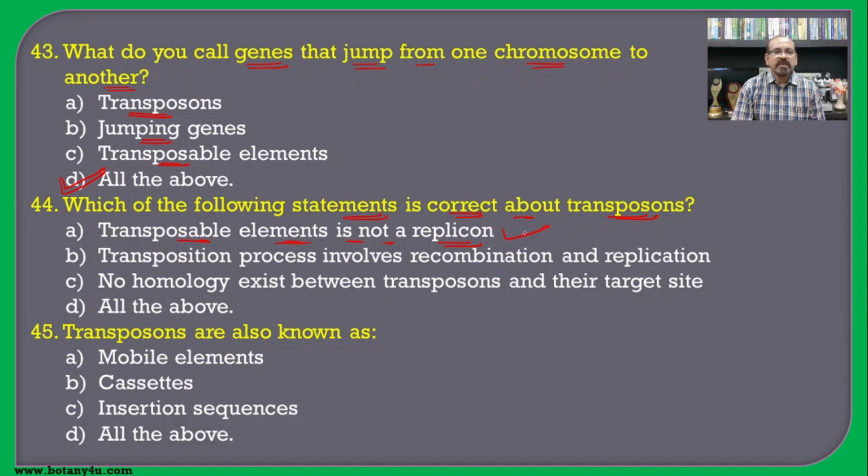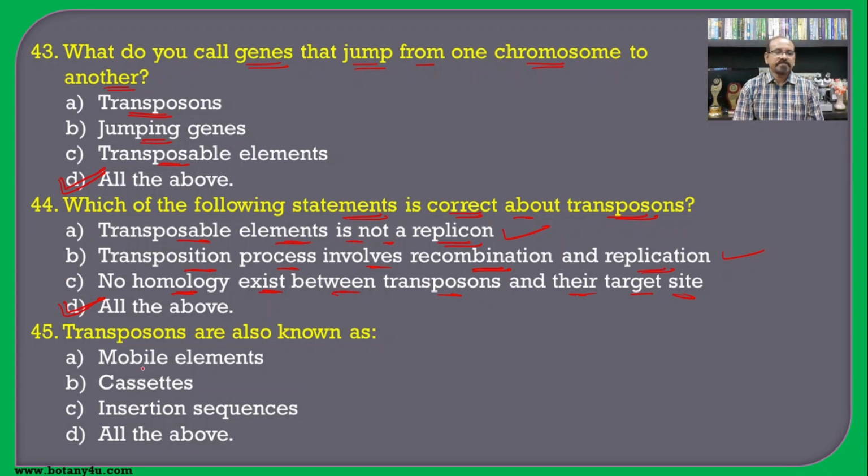So correct one. Then transposition process involves recombination and replication, and this is also the correct one. Then no homology exists between transposon and their target site. It can move anywhere.